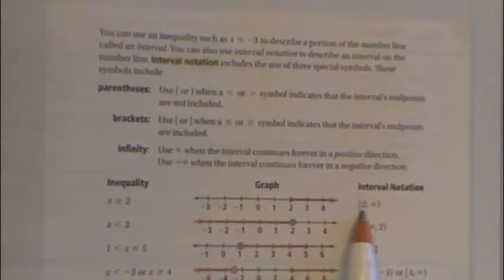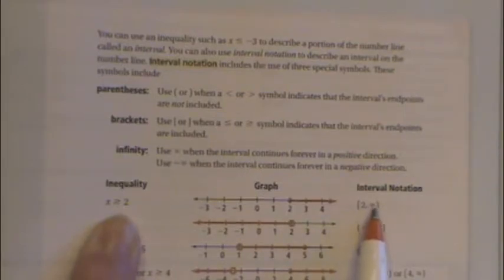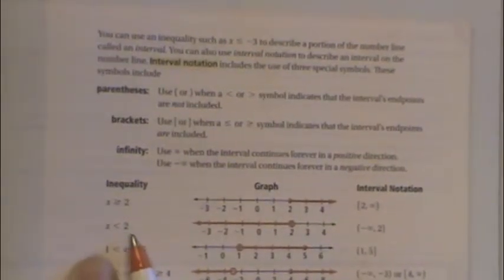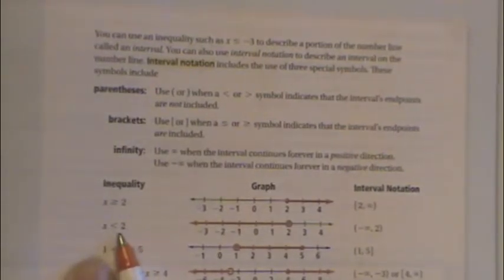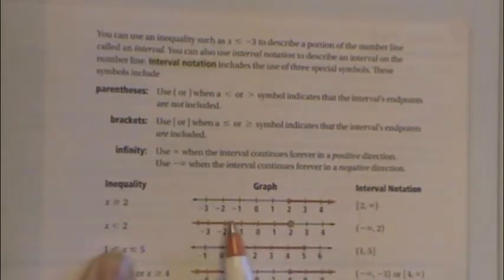They use a bracket on this side because 2 is included, comma, infinity, because it goes off towards infinity, and then a parenthesis here. Try this one. X is less than 2, does not have the less than or equal sign. Here's your graph. This time we have a parenthesis, negative infinity, comma 2, parenthesis. 2 is not included.